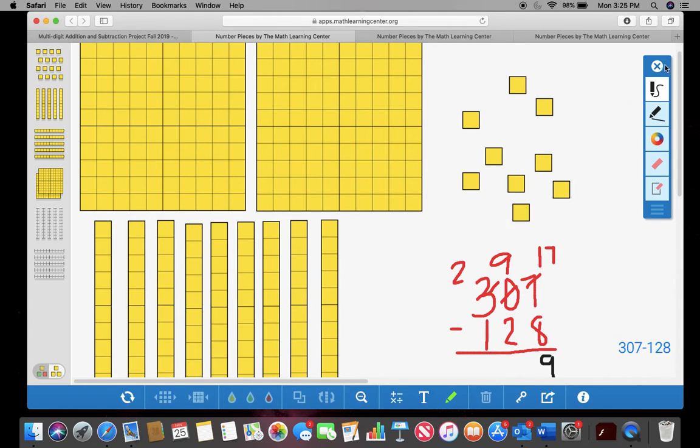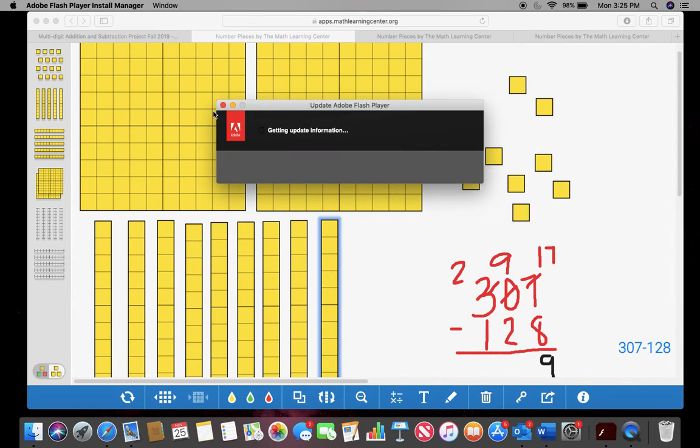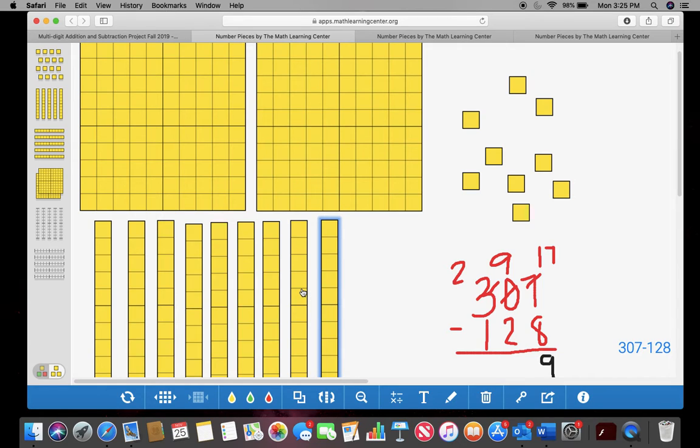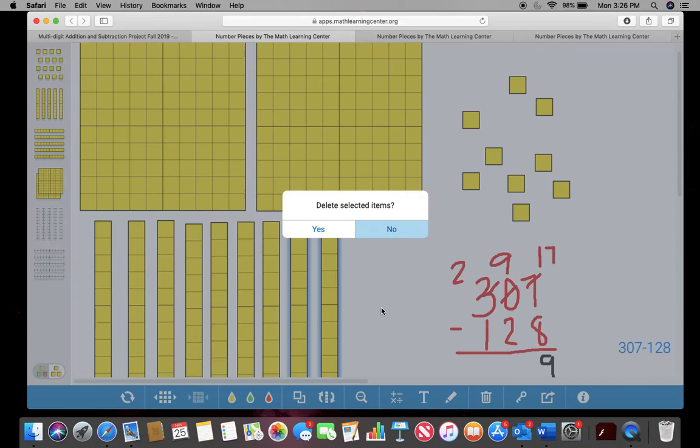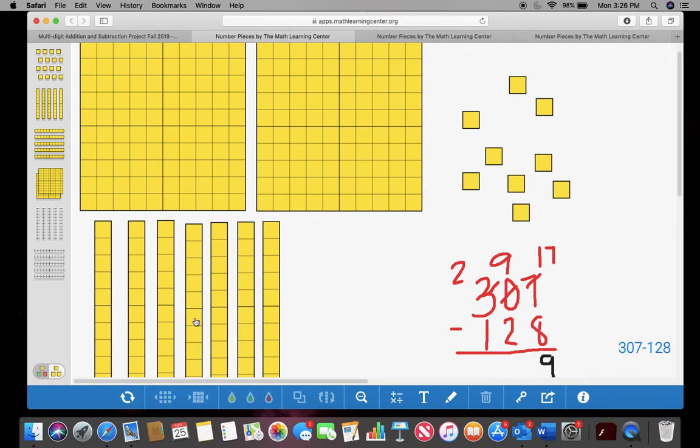So you would click on 2 of these and then delete those, or take those away. Then you have 1, 2, 3, 4, 5, 6, 7 left. So you have 7 tens rods, and 9 minus 2 is 7. So this is where we would write 7.